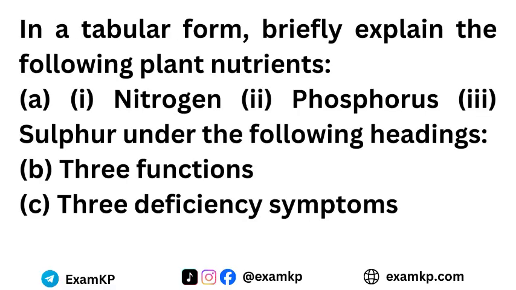Okay, last one, a NECO question. Now, what's the very first thing you should notice here? The instruction: in a tabular form. This is so important. Examiners give marks for following instructions. If they ask for a table, you must draw a table. This question wants 3 functions and 3 deficiency symptoms for nitrogen, phosphorus, and even sulfur.